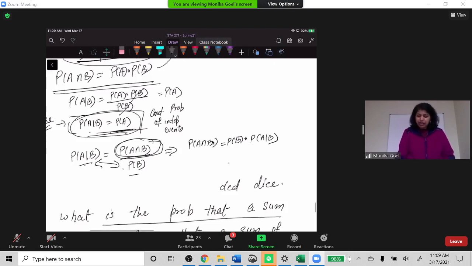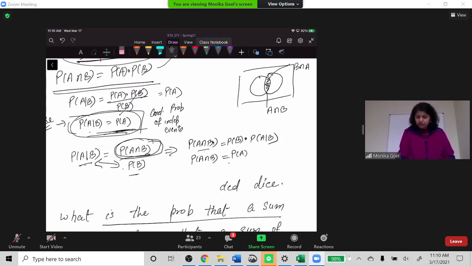And if I write A intersection B or B intersection A, it is the same thing. This part is also called A intersection B and B intersection A. It is the same thing. So I can either write A intersection B or B intersection A. So this rule is also applicable if A is given.